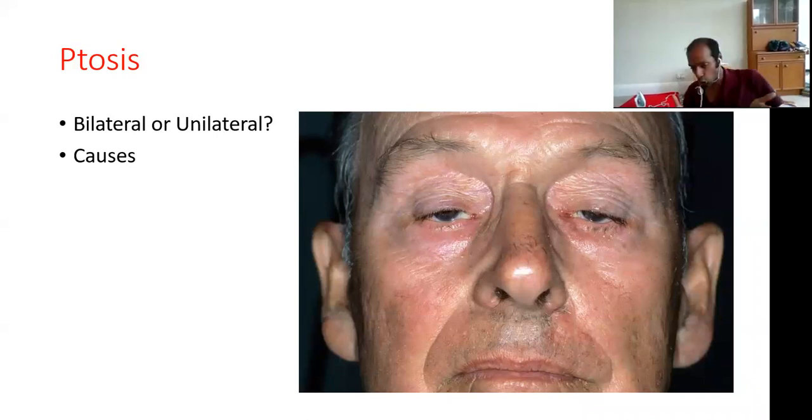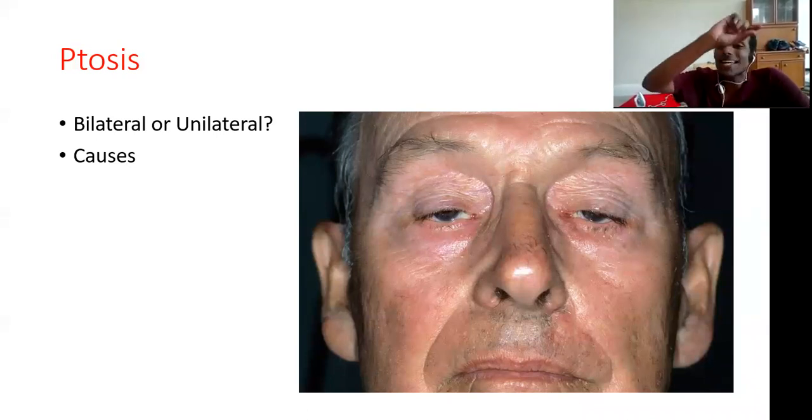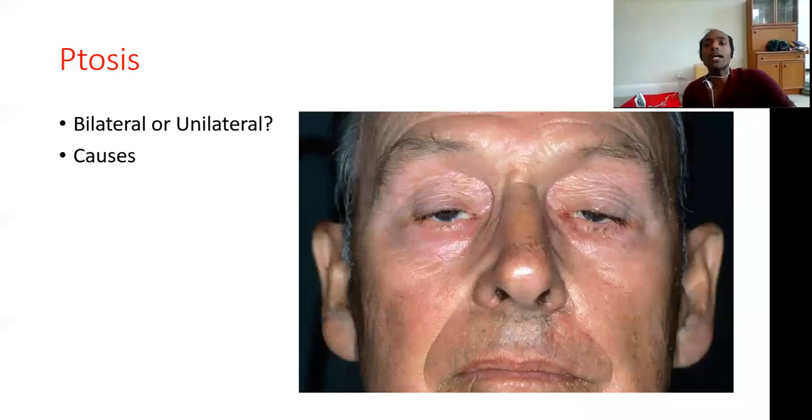So ptosis could be due to a disorder in the third nerve or its pathway. The third nerve pathway includes the muscle and the neuromuscular junction also.